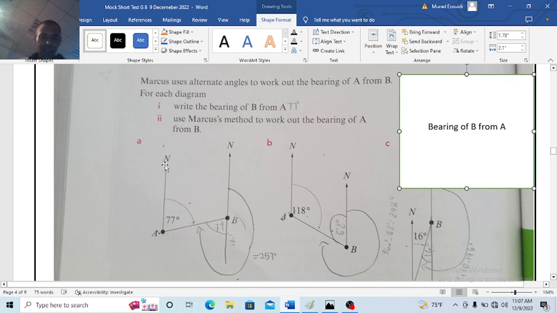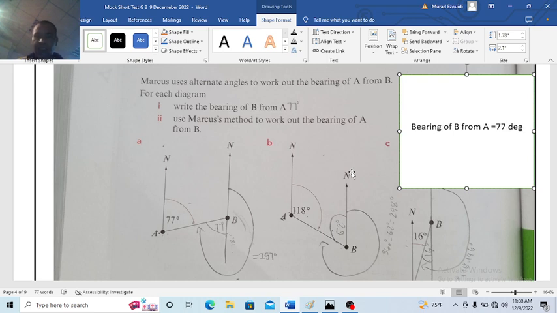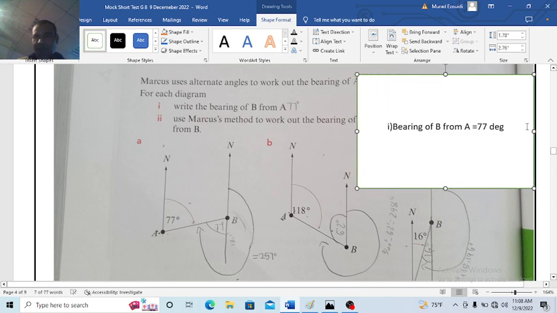The two north directions are parallel, and the measure of this angle that lies at A is 77 degrees. Then the bearing now, this is small i. Now double i becomes like that.